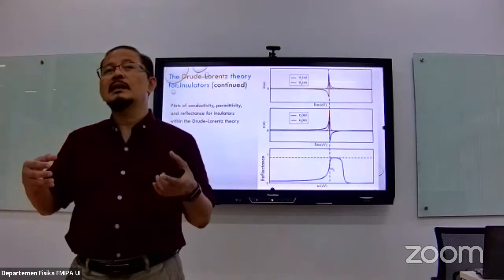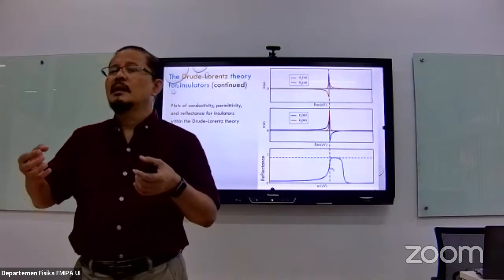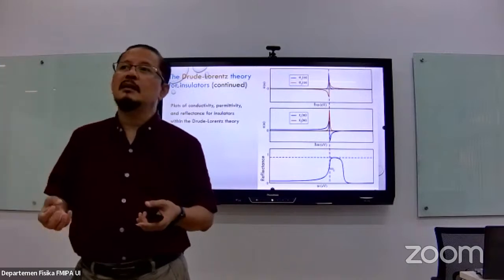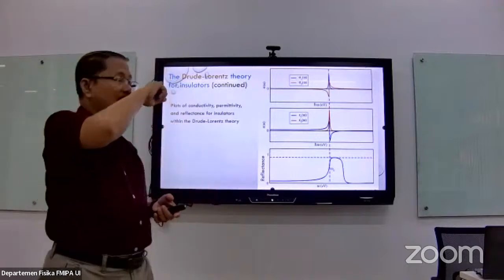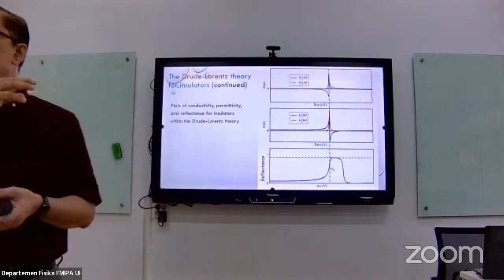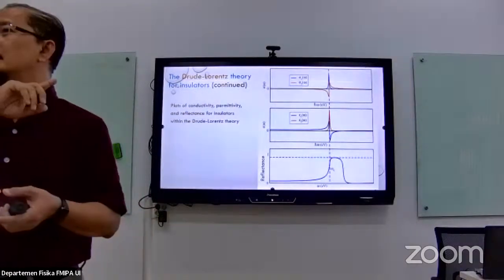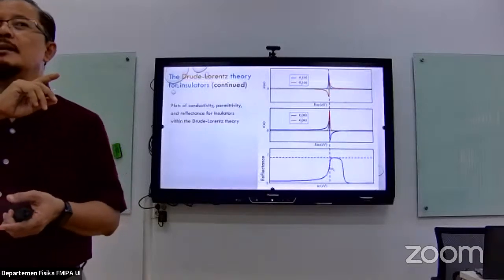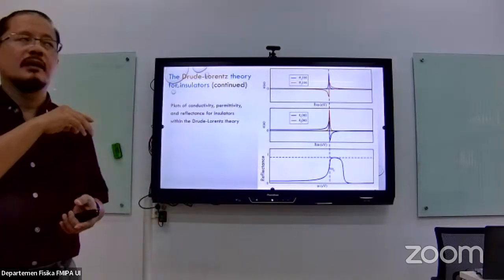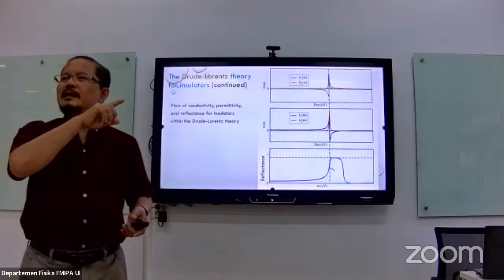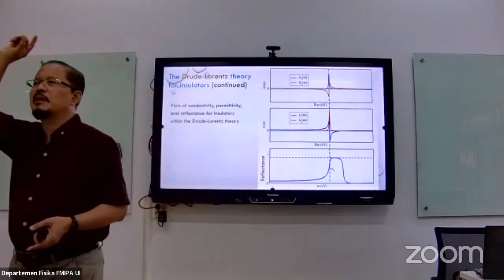Therefore, the main characteristic of an insulator is that it is transparent, at least according to this theory. Of course, the theory is not the most correct one. This is a classical theory which doesn't incorporate quantum thought. But nevertheless, the characteristic around here is already captured by this simple theory.